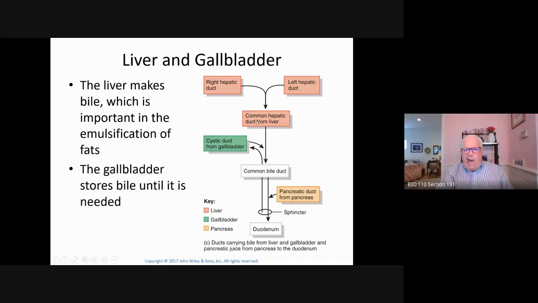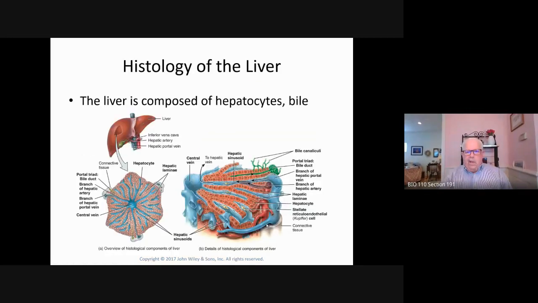The common hepatic duct with the cystic duct makes the common bile duct. The common bile duct with the pancreatic duct all empties into the duodenum. The liver is composed of cells called hepatocytes. These cells are extremely active.